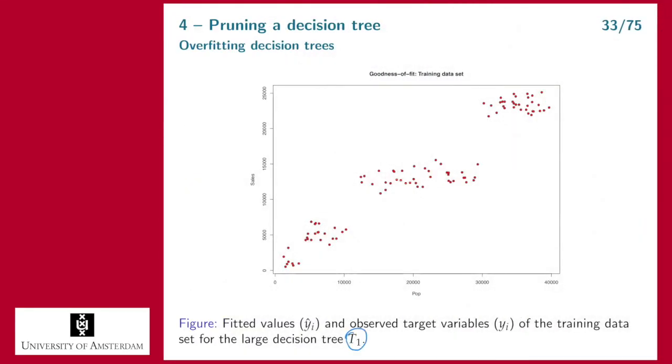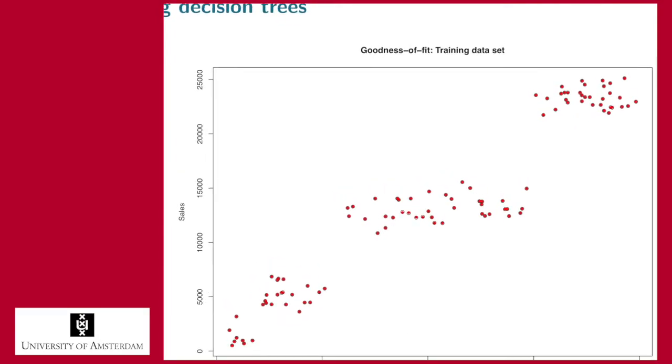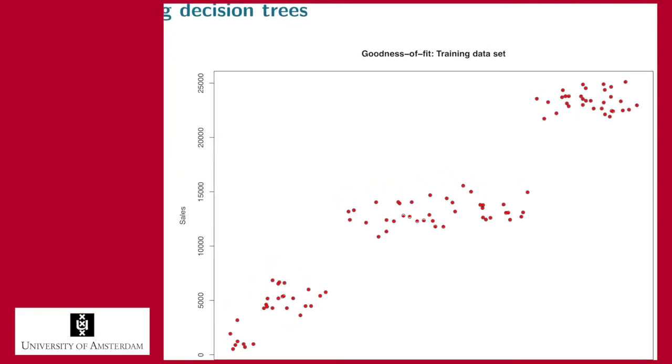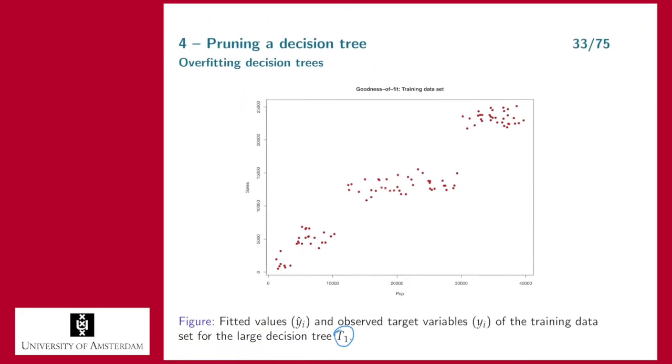For T1, so the large tree with 93 nodes, this figure shows the fit of your training data set. And what you see is that if you look at the observations, which are the circles, and you look at the predictions, which are the red dots, they're almost the same. The decision tree is able to almost perfectly replicate the training data set. So we have an almost perfect goodness of fit.